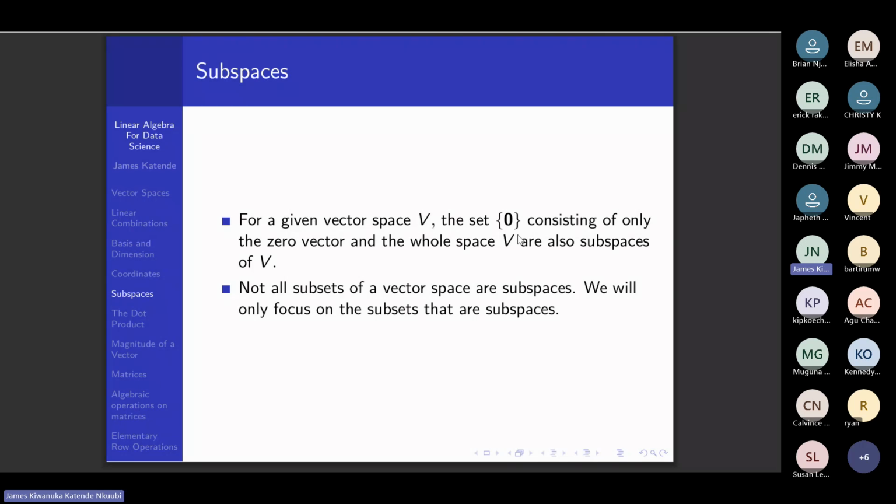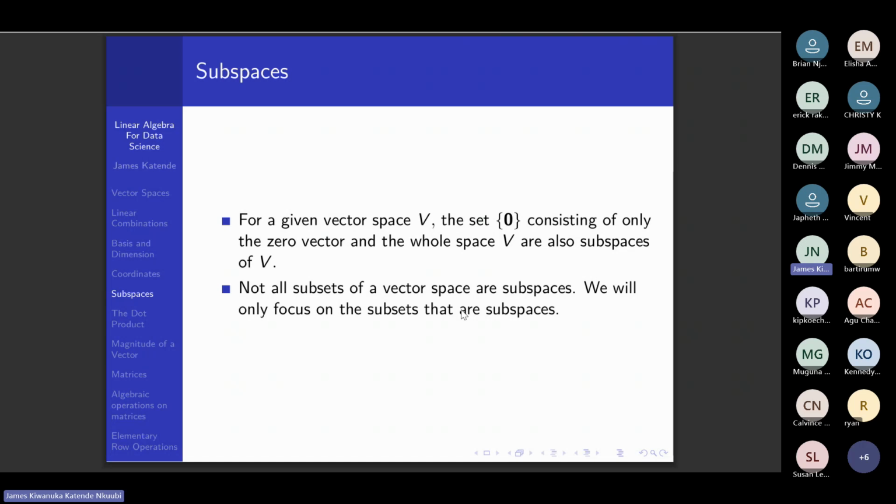And since it is also a vector space, we can call it a subspace. The set consisting of only 0 satisfies all the 9 properties because it's the only element. If you add 0 to itself, you get 0. If you multiply any scalar by 0, you still get 0. You can check all the 9 properties, but it forms a vector space on its own. So these are the trivial examples.